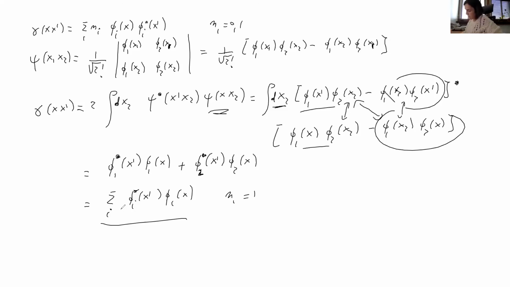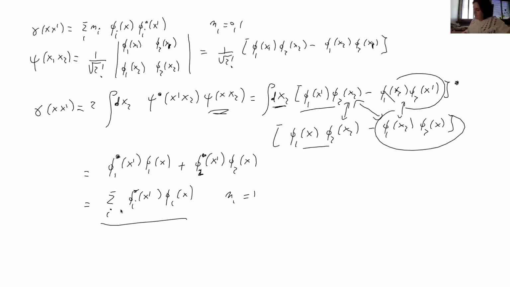occupation numbers. Right, so what we saw here is that for this simple example of Slater determinant, the occupation numbers are 0 and 1, not fractional, and this is something general for the Slater determinant. Actually, you can say that your one-body density matrix is idempotent.